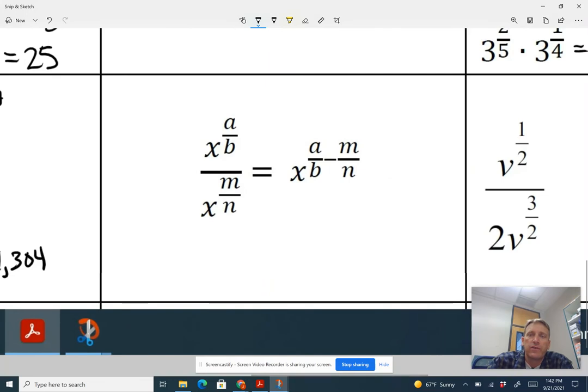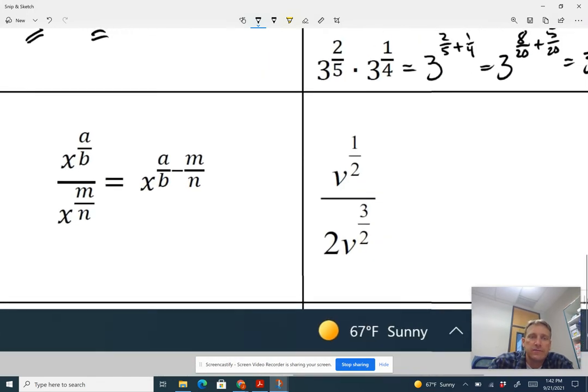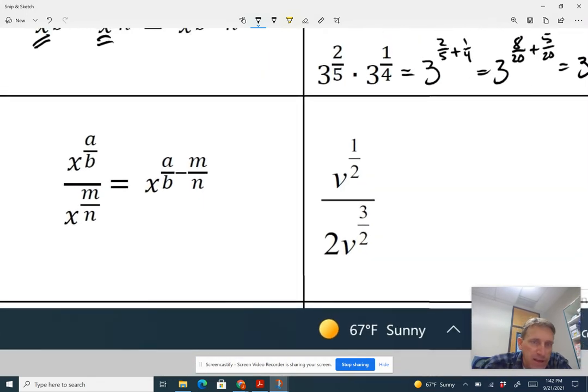All right, if we look over the other side here, same thing applies when you're dealing with rational exponents. If you're dividing like bases, you subtract the exponents. So here I've got, now I'm going to add a 1 here to the v to the 1/2 power because there's no coefficient.